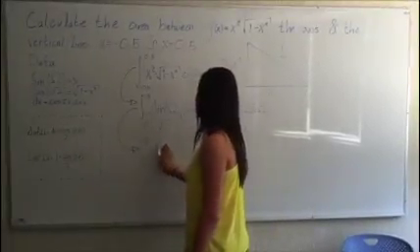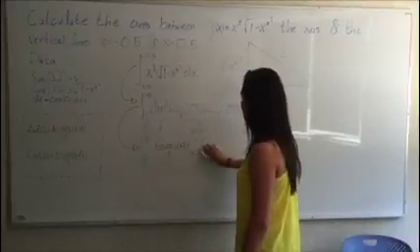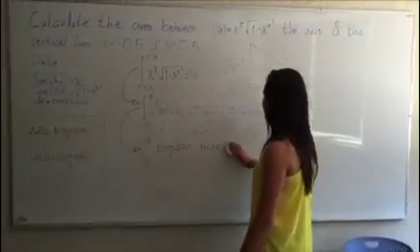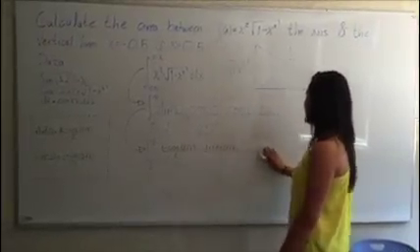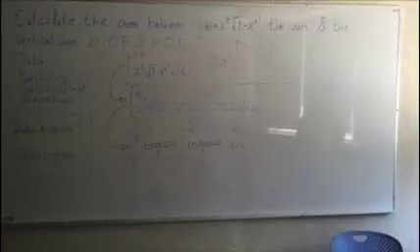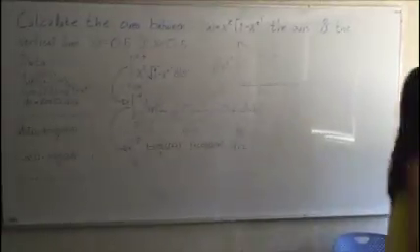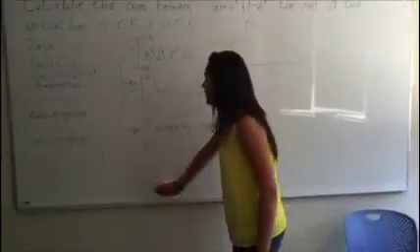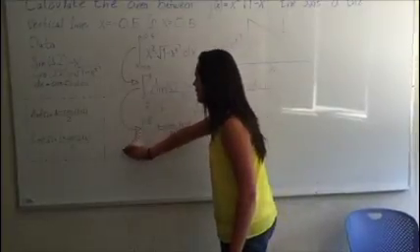We should never forget the limits. And write (1 minus cosine of 2 omega) over 2 times (1 plus cosine of 2 omega) over 2 times d omega. As you can see, these values were changed because of the sine squared and the cosine squared.